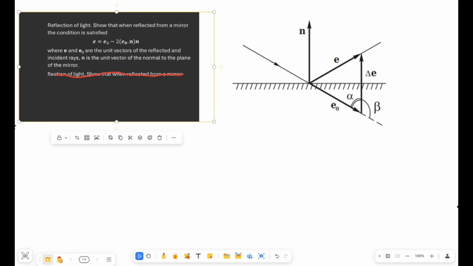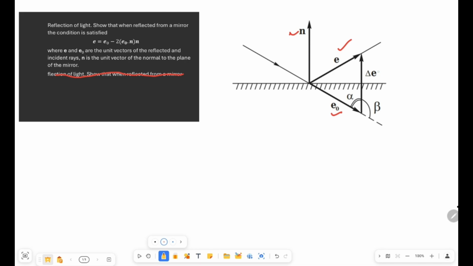And you can see this solution diagram. This is the unit vector E naught along the incident ray, E is the unit vector along the reflected ray, and n is the unit vector along the normal.